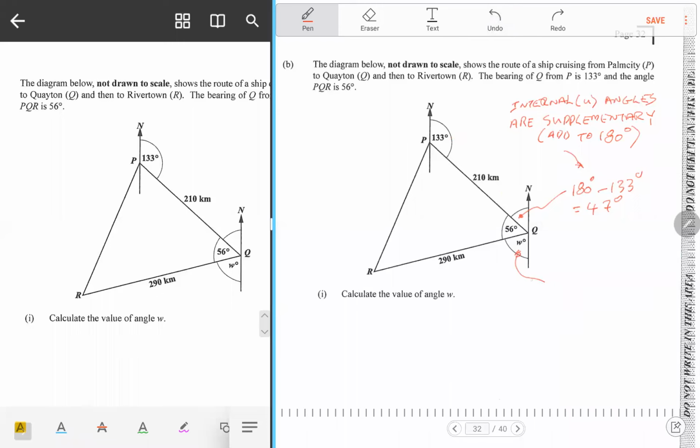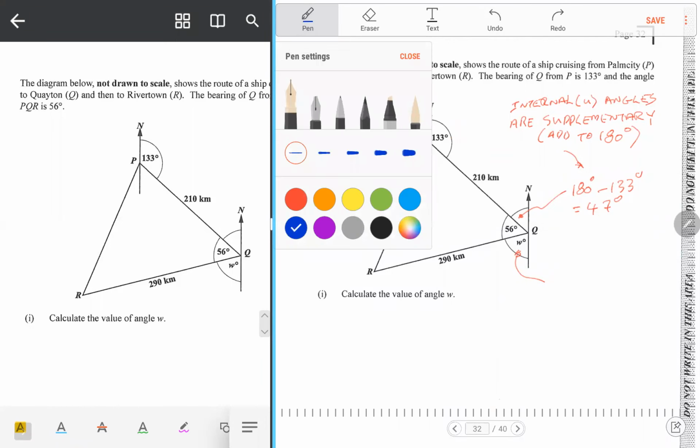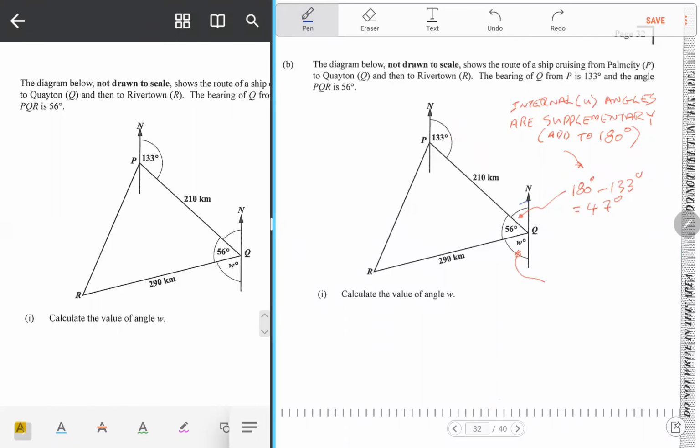And then for this one now, we're going to use total angle on a straight line. Total angle on a straight line over here is 180 degrees. So the W degrees is 180 minus the sum of those two, the 47 at the top there and the 56.